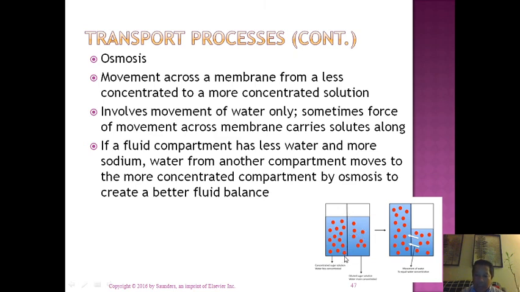And if these chambers are separated by a semi-permeable membrane, in osmosis, fluids from the less concentrated area will be attracted to move to the area with higher solute concentration. And the idea is to equalize the pressure in between that semi-permeable membrane.